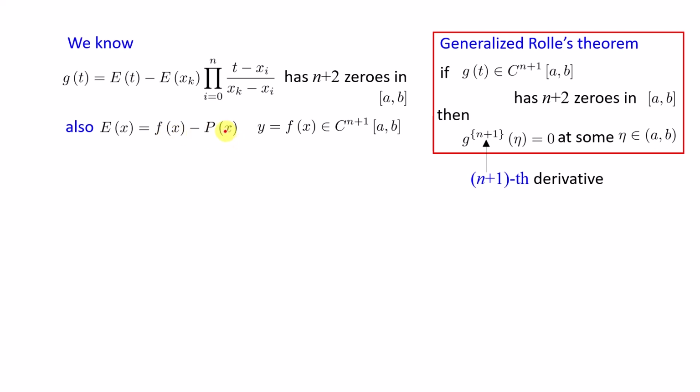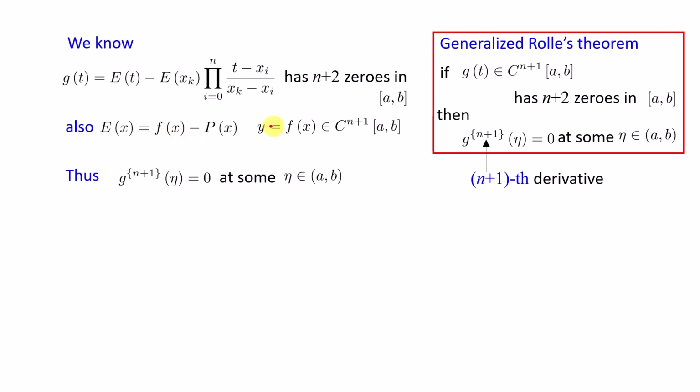So both f(x) and p(x) are continuous in ab and we can differentiate them up to n plus 1 times. Therefore, e(x) is continuous in ab and differentiable n plus 1 times, and so is g.